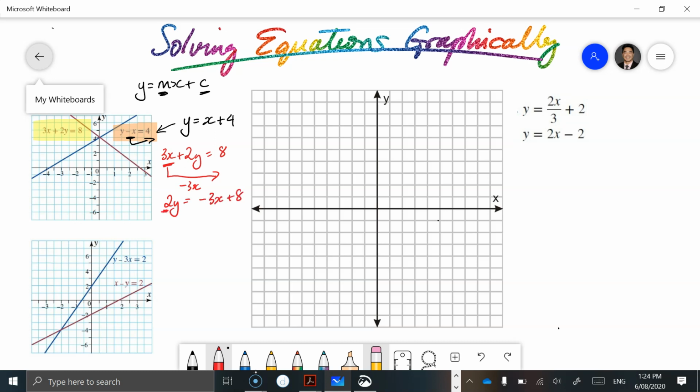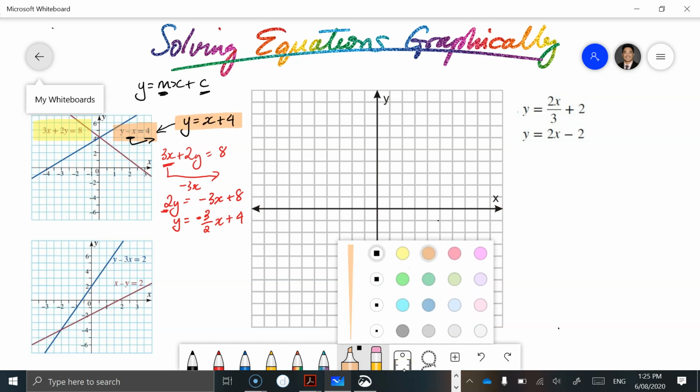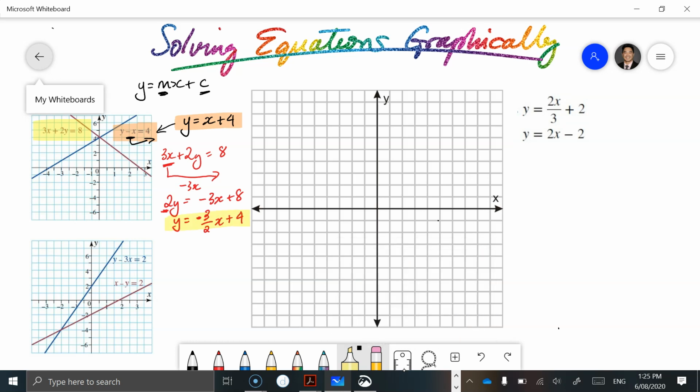And then we need to divide both sides by 2, which gives us negative 3 over 2 x plus 4, because 8 divided by 2 is 4, and minus 3 divided by 2 is minus 3 halves. So this is the rearranged formula for each of those equations. This one corresponds to that, and our other one corresponds to that there.